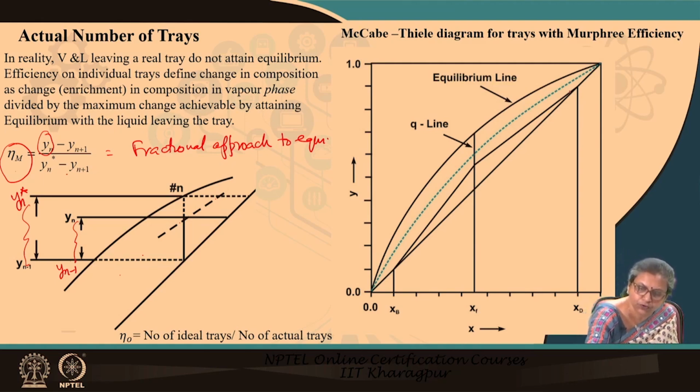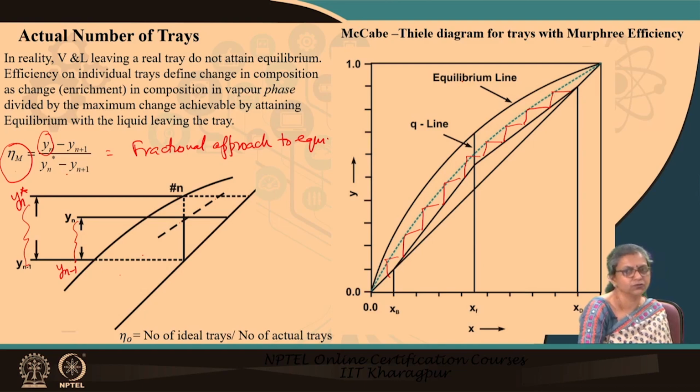Then we would be dropping the stairs not between the equilibrium curve and the operating line, but between the line that we have drawn and the two operating lines, and from here we find that quite naturally the number of actual stages required will be much higher as compared to the number of stages required for the ideal stages.